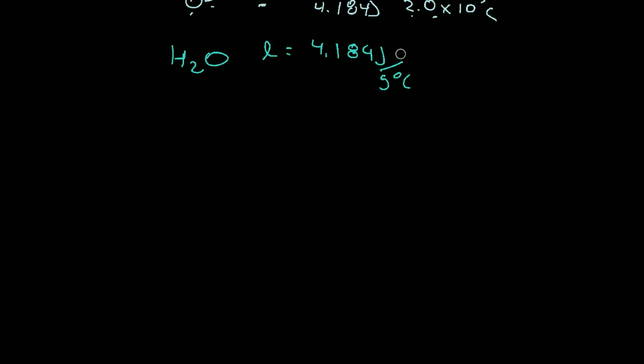It's always going to be your unit of energy over your unit of mass times your unit of temperature. So it could be any one of those. It's not necessarily married to joules or grams or Celsius. It could be kilojoules or kilograms or Fahrenheit or Kelvin. But anyway, that's what the specific heat is.